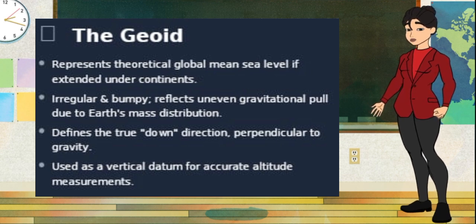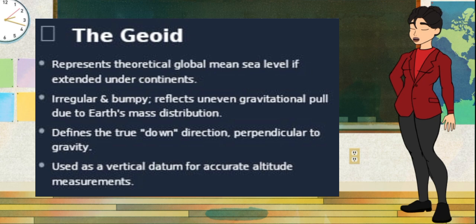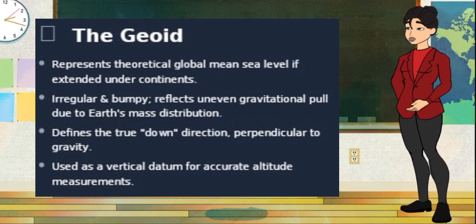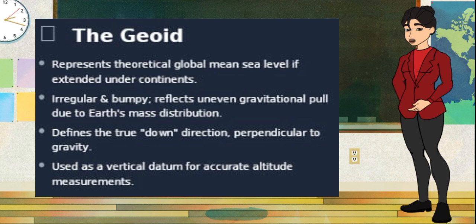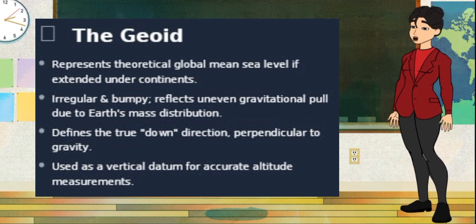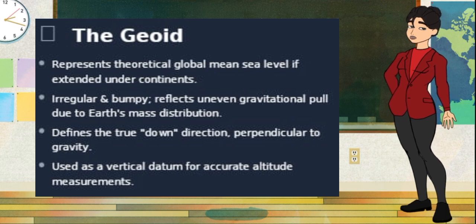As we can see in the representation included in the slide, it has an irregular surface. It is used as a vertical reference for accurate height and elevation measurement. So that is the use of the geoid in surveying.